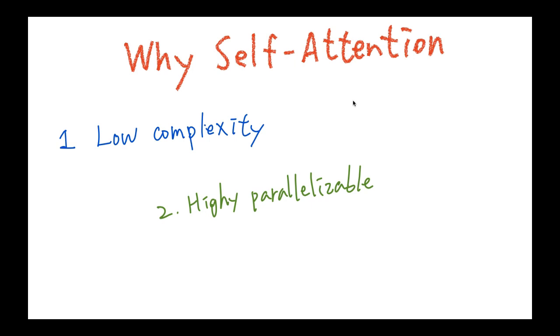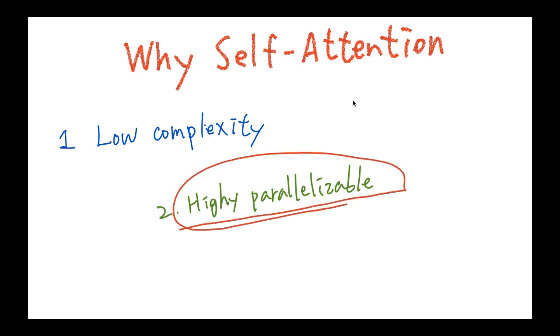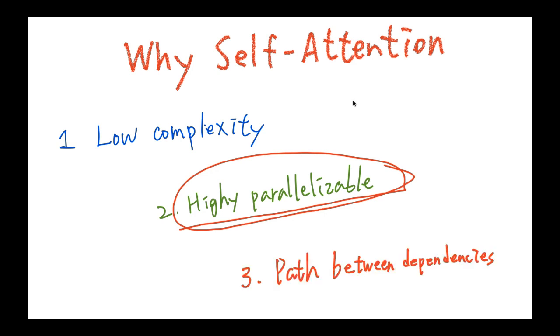You also have higher parallelizability; it's much more parallelizable than a recurrent neural network, which I'll cover later. And also the path between dependencies is just shorter, equal to 1.